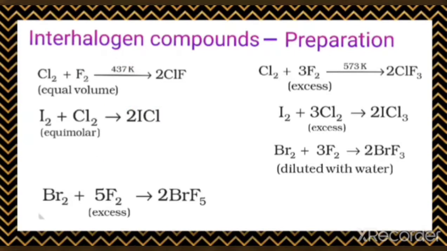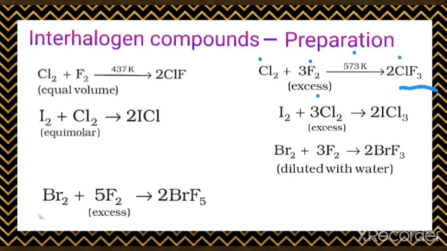But in order to prepare a higher interhalogen compound, one of the halogens should be taken in excess, like chlorine plus three fluorine, that is, fluorine is taken in excess at a temperature of 573 Kelvin. It gives rise to ClF3, which is called chlorine trifluoride.